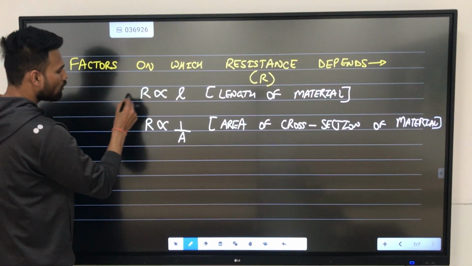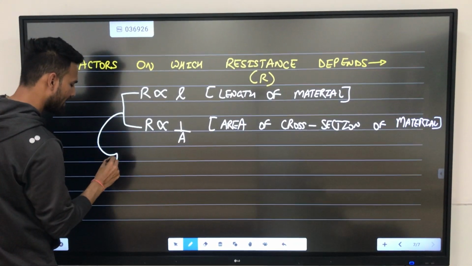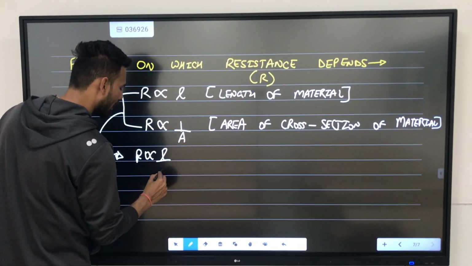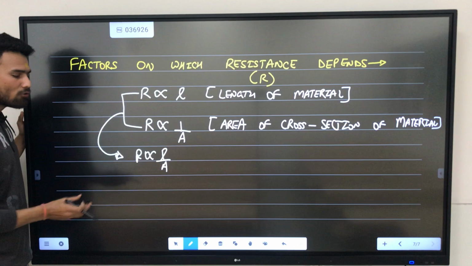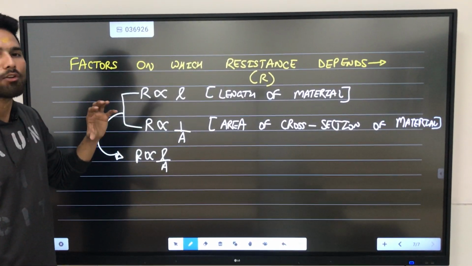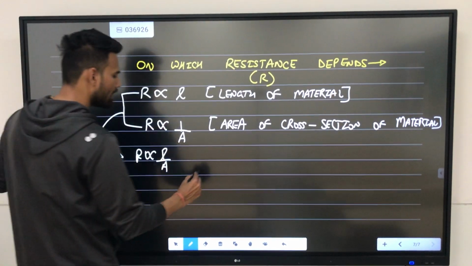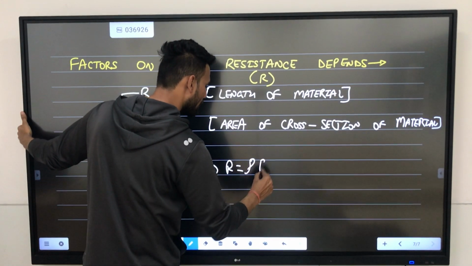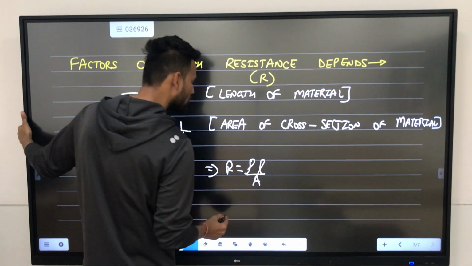Now combining both these, we can say that R will be proportional to L by A. And if we have to remove this proportionality sign, we have to introduce a proportionality constant. So we can say that R is equal to rho L by A. Now what is rho over here?